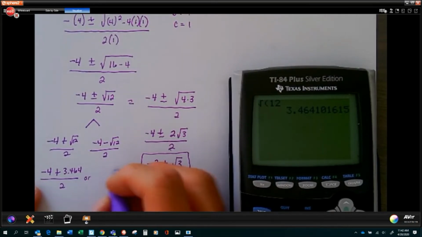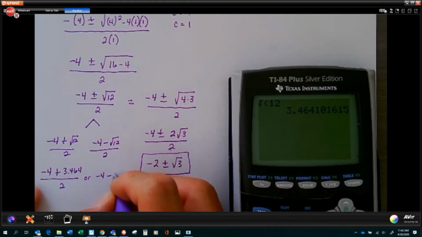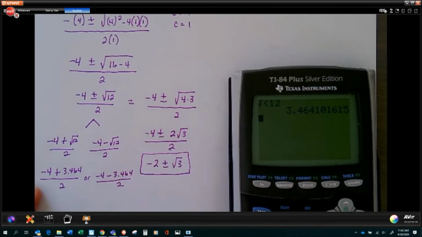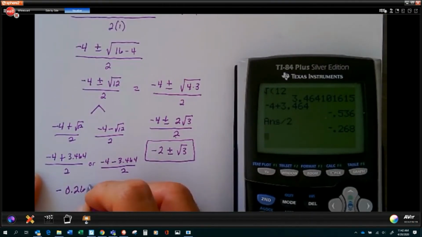We've got the negative 4 minus 3.464 divided by 2. So first of all, I have to take my negative 4 plus 3.464 equals negative 0.536, divided by 2 gives me a negative 0.268.